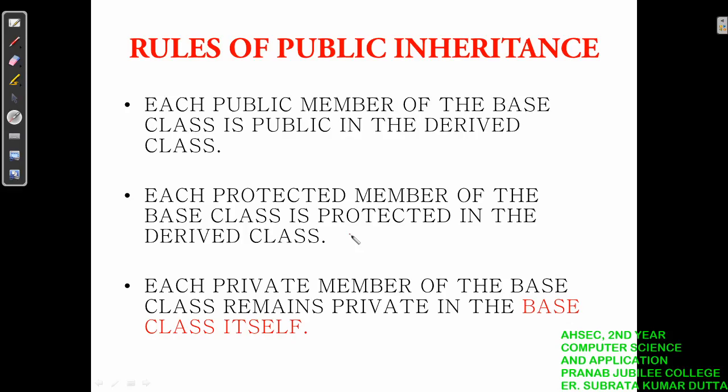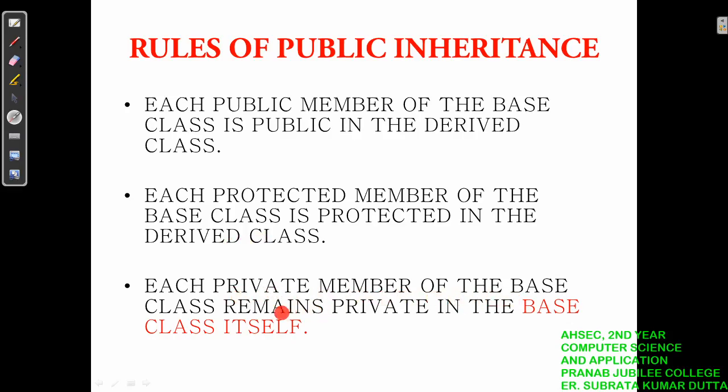If you remember, when we discussed access specifiers, we said that protected members can be accessed from outside the given class but only within a class inherited from it, right? So the derived class is always inherited from a base class, so the protected members of the base class will also have the protected access specifier in the derived class.